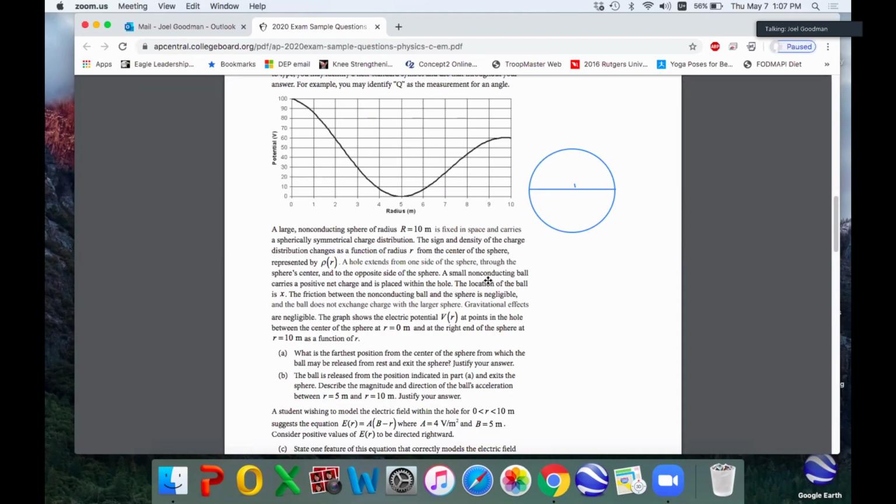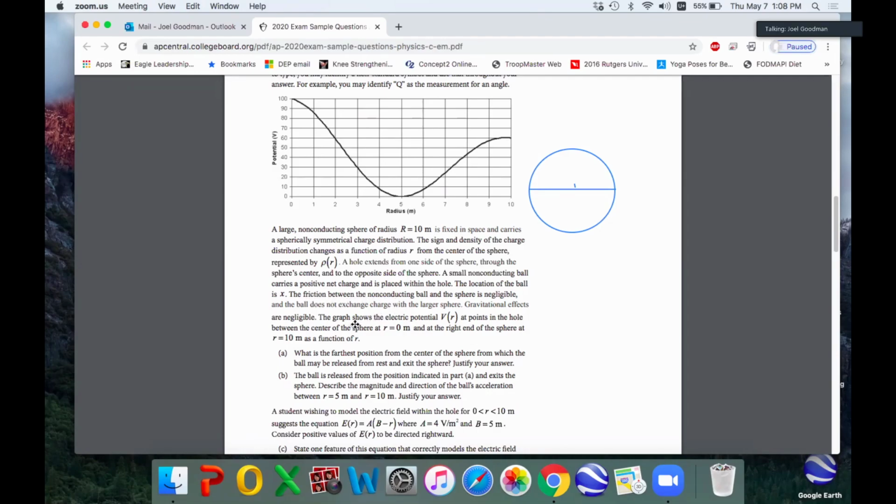A small non-conducting ball carries a positive charge and is placed within the hole. So now this charge can be placed anywhere in the hole. The location of the ball is x. Now I am assuming that this x is measured from the center. There is no friction, no gravity.